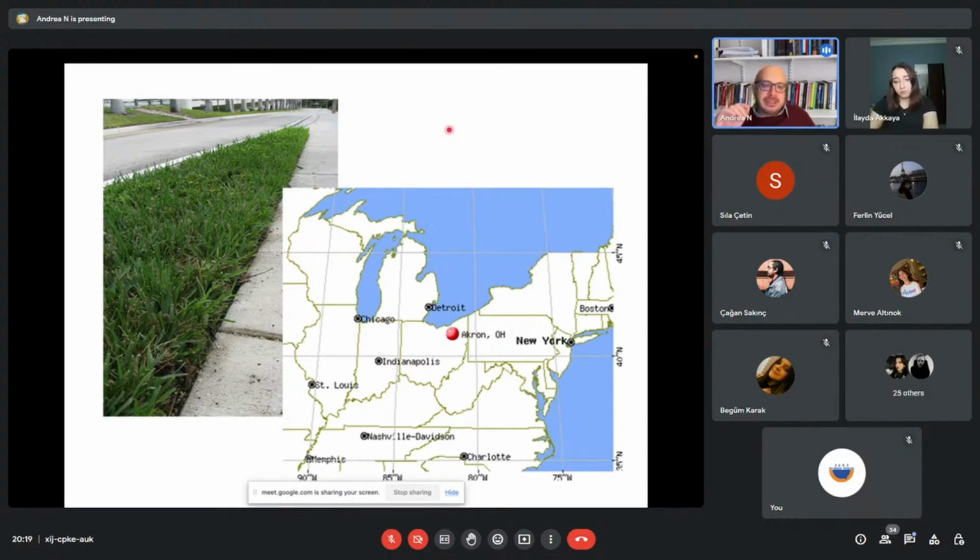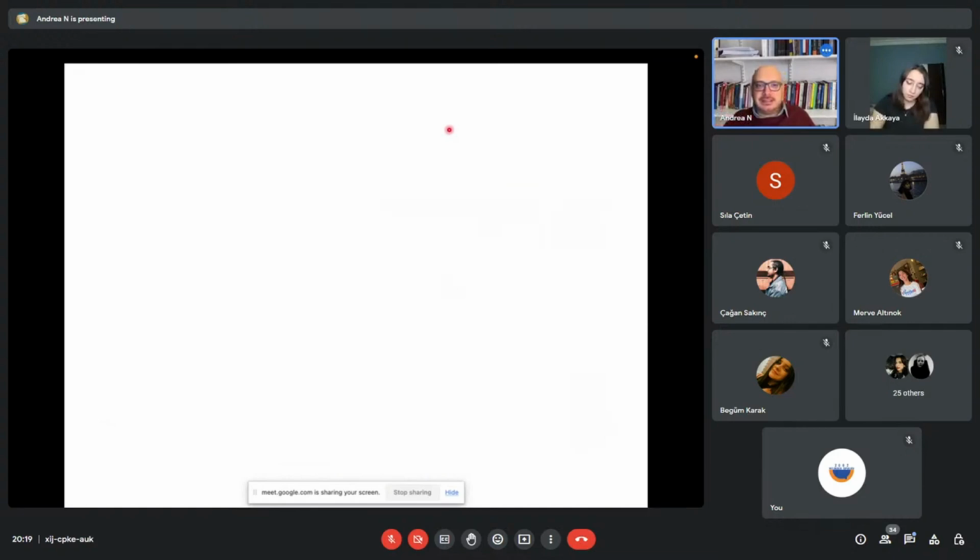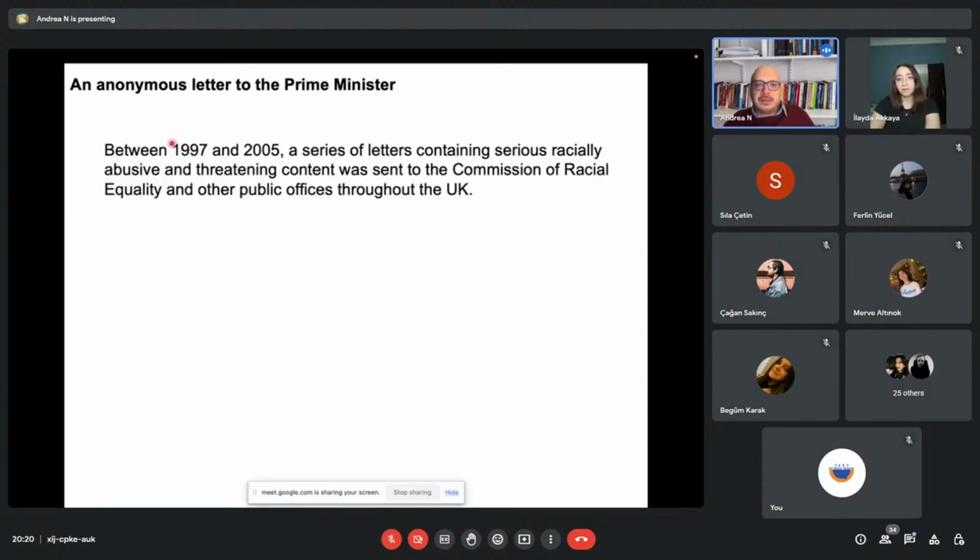Perhaps one of the most similar cases of this kind in the UK was this anonymous letter to the Prime Minister. A series of letters actually were sent to the Prime Minister and to other offices during this time.